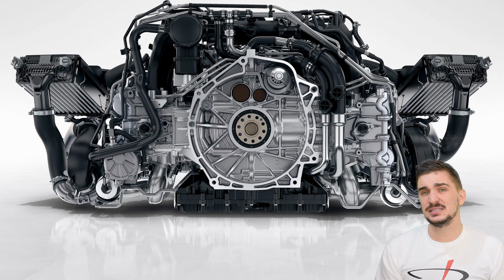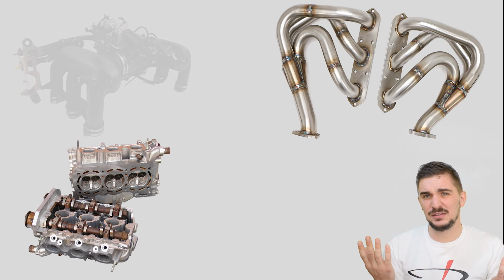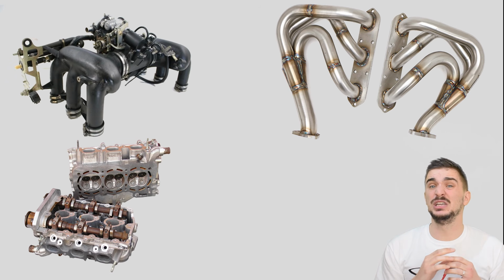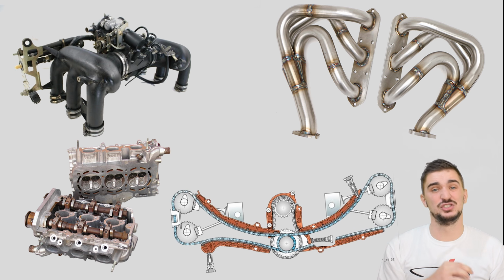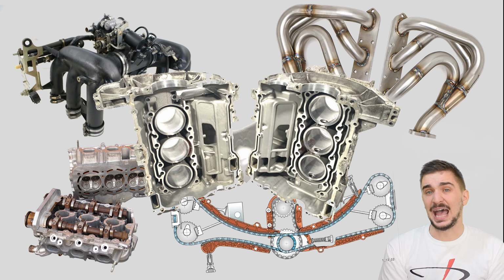When it comes to the complexity we mentioned, it does have 2 cylinder heads, 2 exhaust manifolds, and usually complicated intake manifolds. It also has pretty complicated timing belt or timing chain arrangements. Even the engine block has to be made of 2 halves. So it's definitely the most expensive and complex engine to manufacture, which explains why, although it is very awesome, it is a very rare engine configuration.